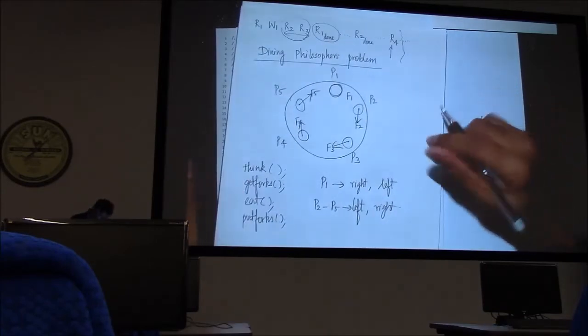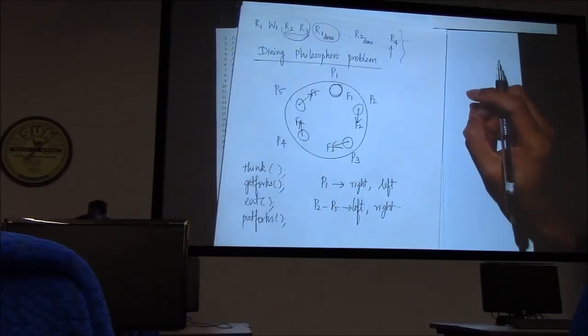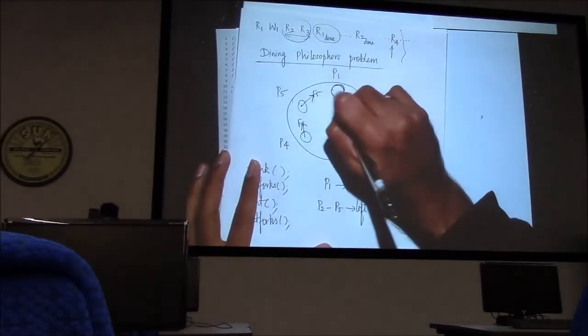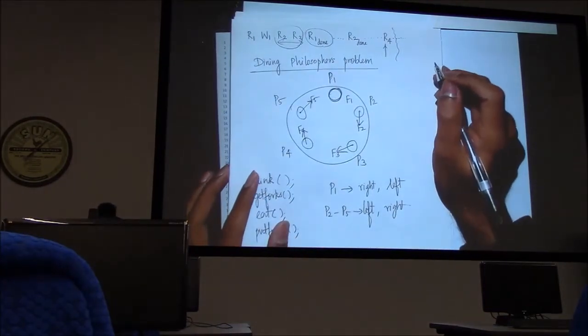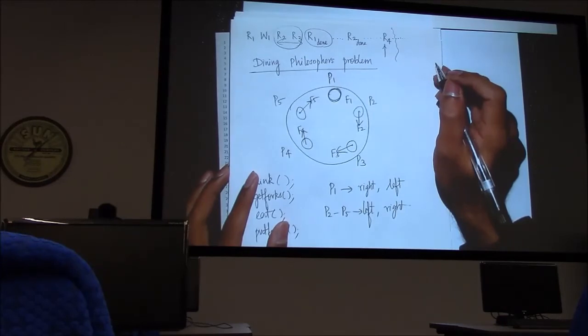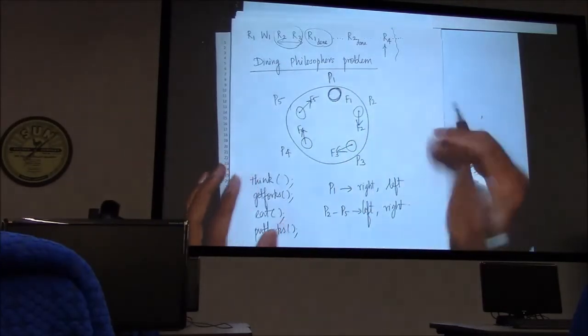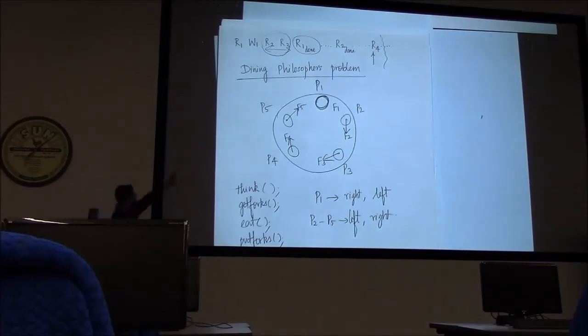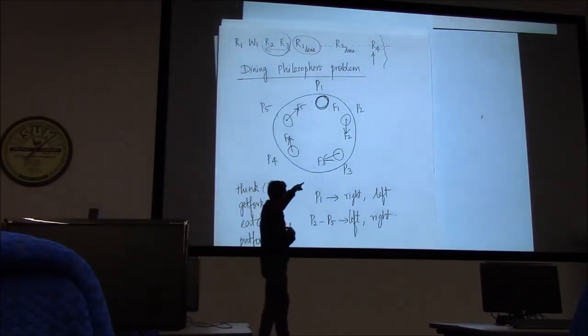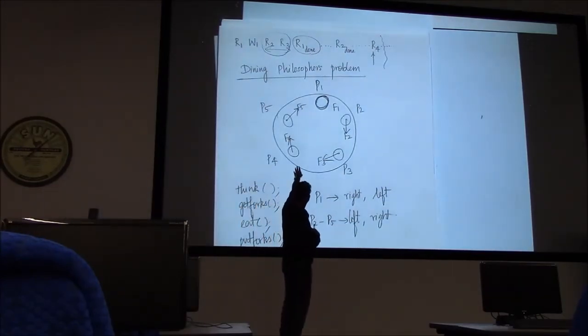Then at the same time, P1 is trying to pick up the forks in the different order. So at this time, P2 has got fork 2, P3 has got F3, P4 F4, and P5 F5.